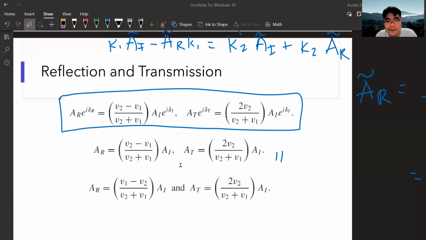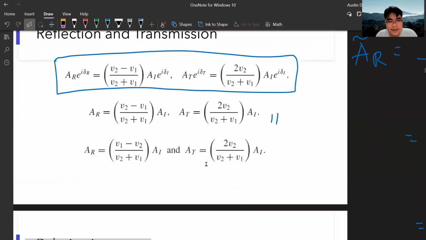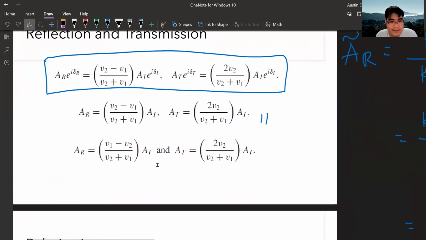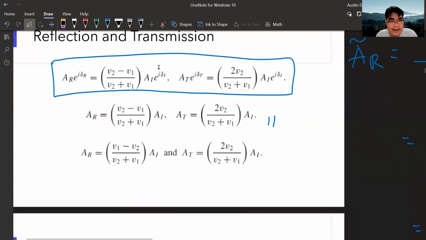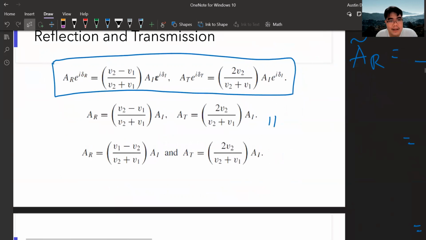However, if the second string is much heavier, ang mangyayari is hindi magiging in phase tong dalawang to. Okay?